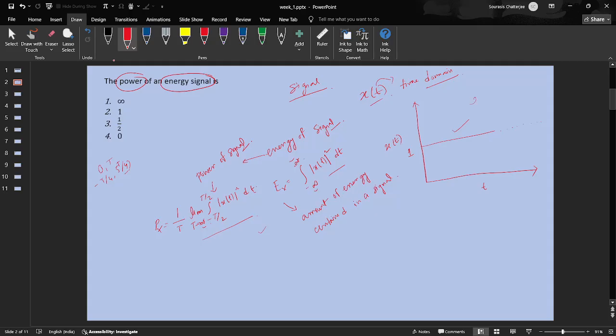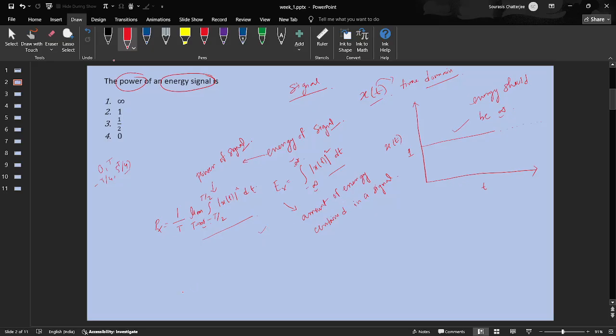So the energy should be infinity. That much we all can say without even looking at the math. So this is the concept of energy and power.